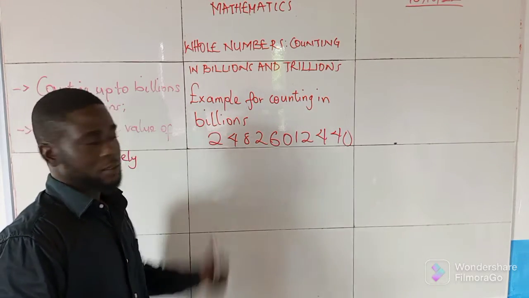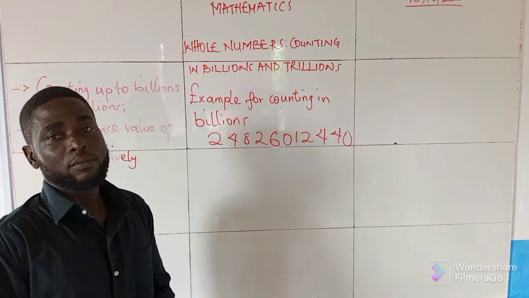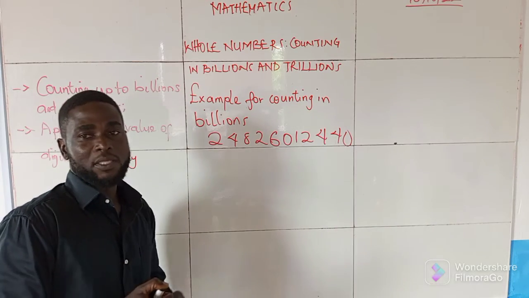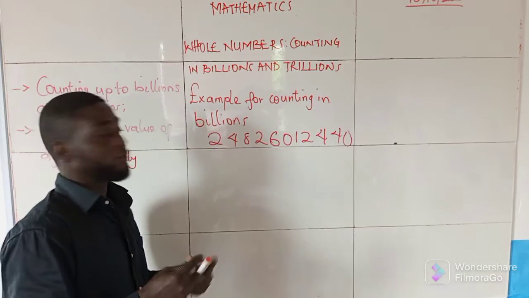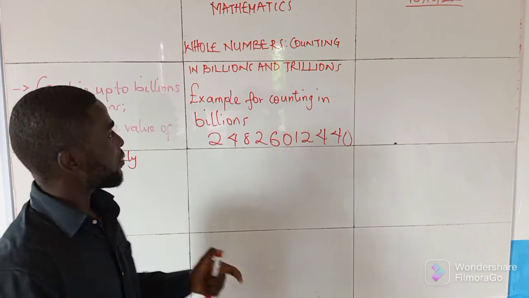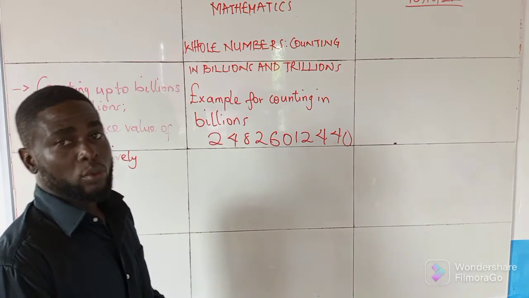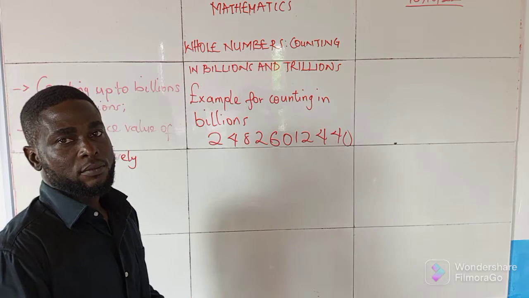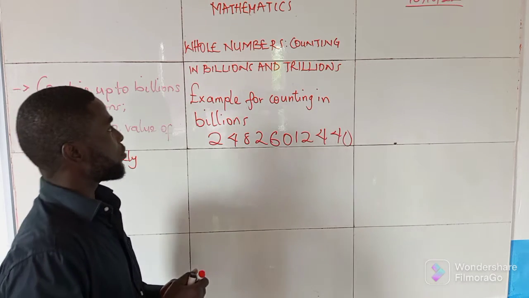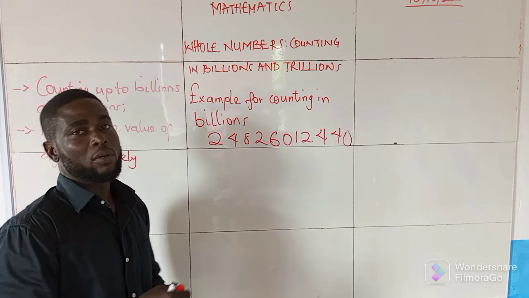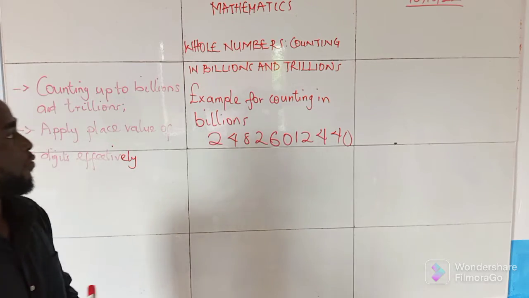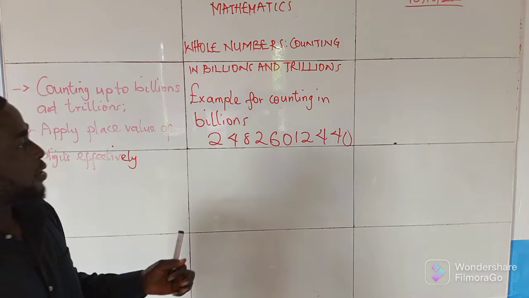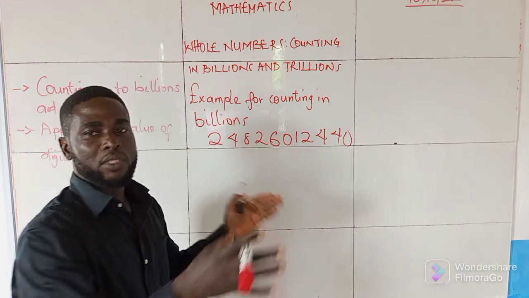Now, looking at this number, for some it might be a bit confusing when you are asked to name this number. And that's what we are about to do. In a bid to name it, you should understand what grouping is about. Grouping involves splitting the numbers into small bits of threes.